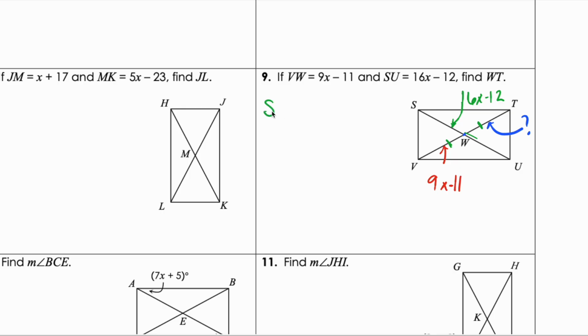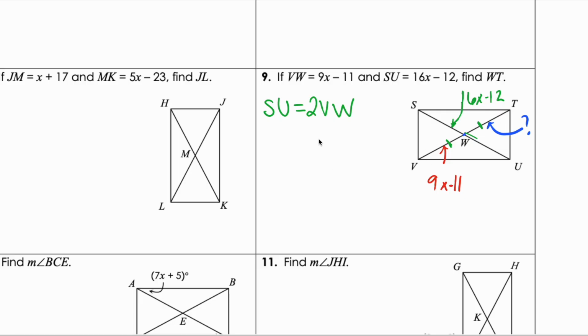So I can say that SU equals VT, or I can say that SU equals 2 times VW. And we know that because VW is only half of the length of the whole VT.